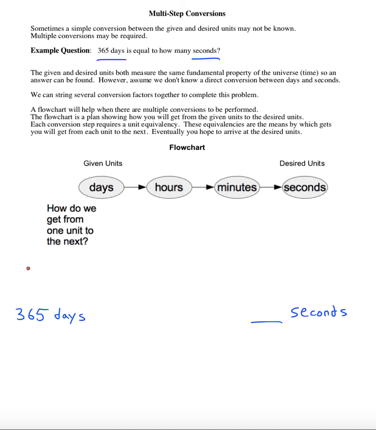I call this the have on the left, and then the want on the right. We'll put an equals at the end here. But what we're going to do is string together several conversion factors, and it's going to take 3 of them this time.